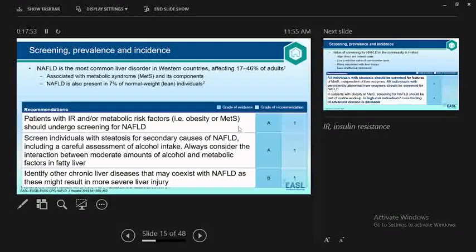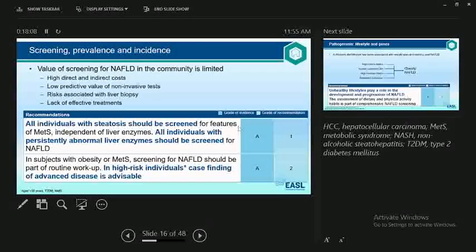So careful assessment of alcohol intake should be done. Always consider the interaction between a moderate amount of alcohol and metabolic factors, because most people take a moderate amount of alcohol on top of some metabolic features. We are not quite sure whether this is alcohol or metabolic, so there may be an augmented effect from both etiologies.